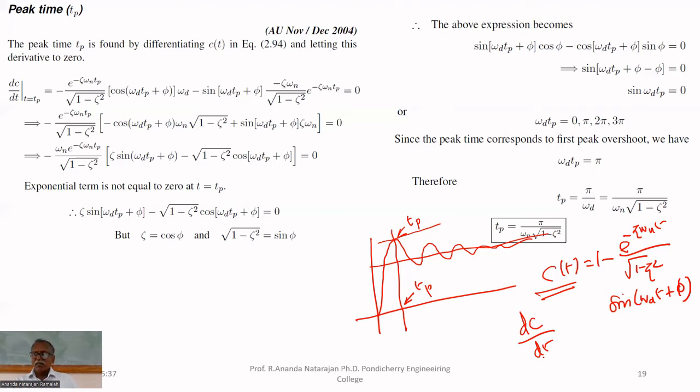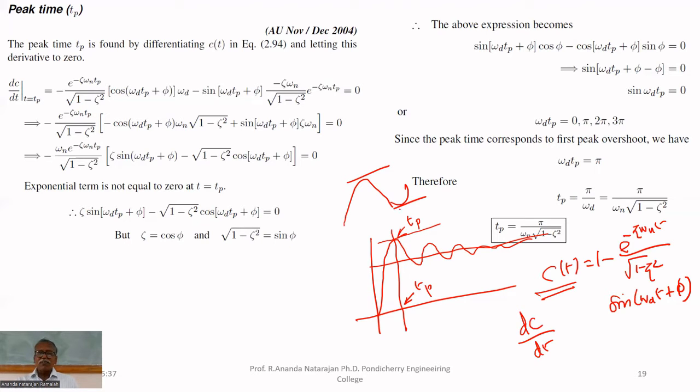Tangent equal to 0. When the waveform turns, it means either it will be at a maximum or at a minimum. Both are possible. That's why in mathematics, if you equate to 0, you will get either maximum or minimum. To find whether it is maximum or minimum, we find the second derivative; it must be negative.